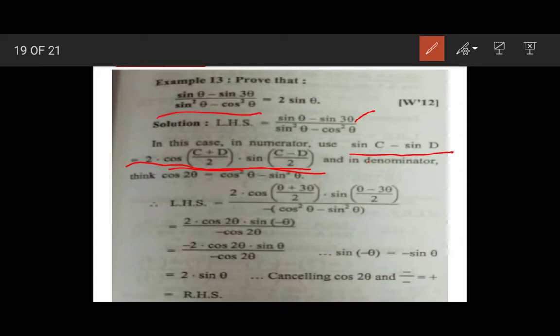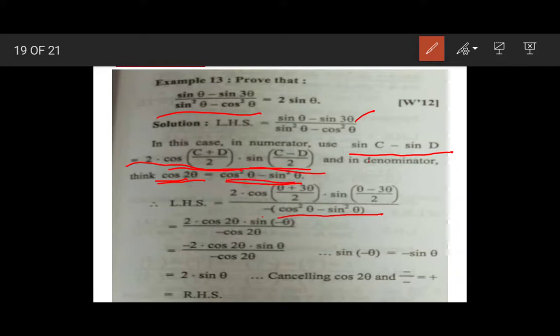The denominator is sin square theta minus cos square theta. If I take minus common, then it will be cos square theta minus sin square theta, which is nothing but the formula of cos 2 theta from the multiple angle formulas. Cos 2 theta is cos square theta minus sin square theta.